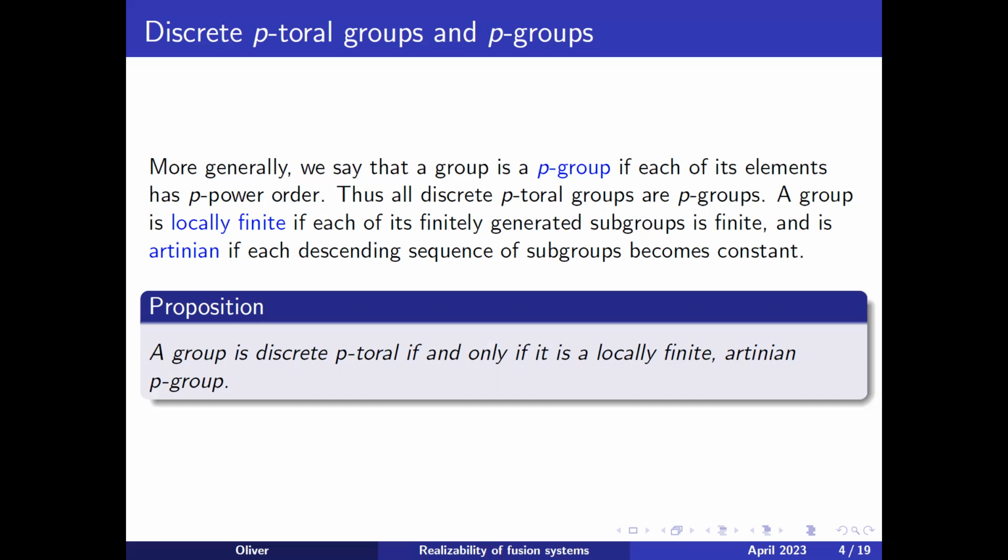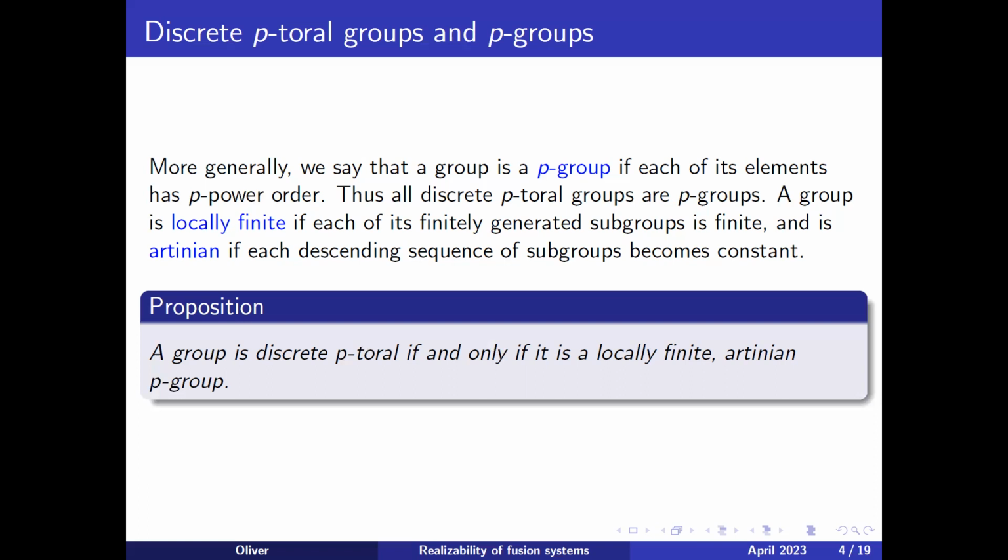And then a couple other terms. A group is locally finite, and this is also going to play a role later, if and only if each finitely generated subgroup is finite. And it's Artinian if each descending sequence of subgroups becomes constant, sort of the opposite of Noetherian.